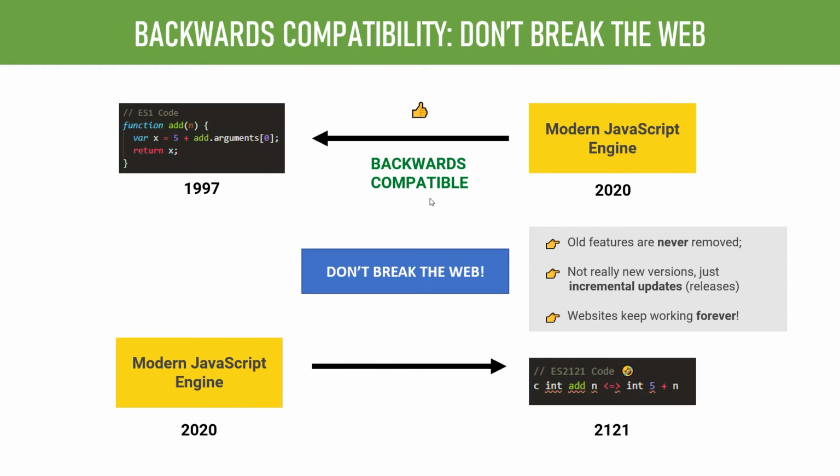Well, you are probably right. It would not work at all. So there will be errors left and right and nothing will work. That's why we say that JavaScript is not forward compatible, basically because current browsers do not support code from the future. No one knows what the future is.